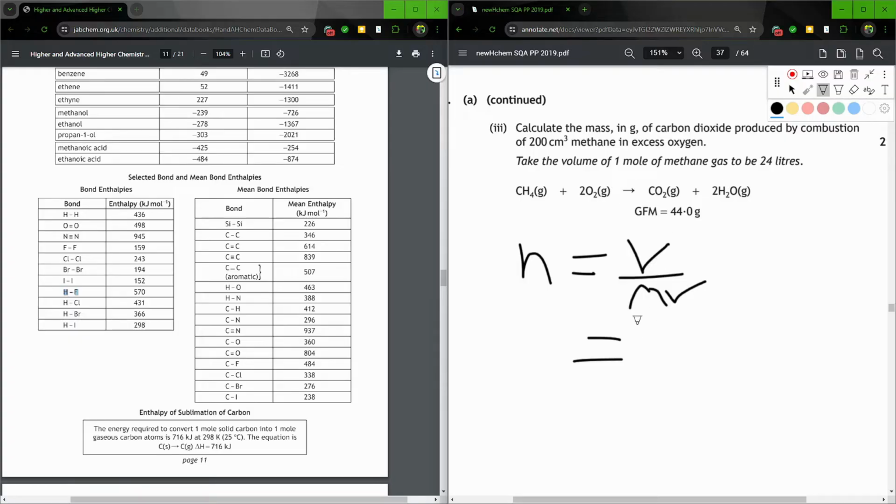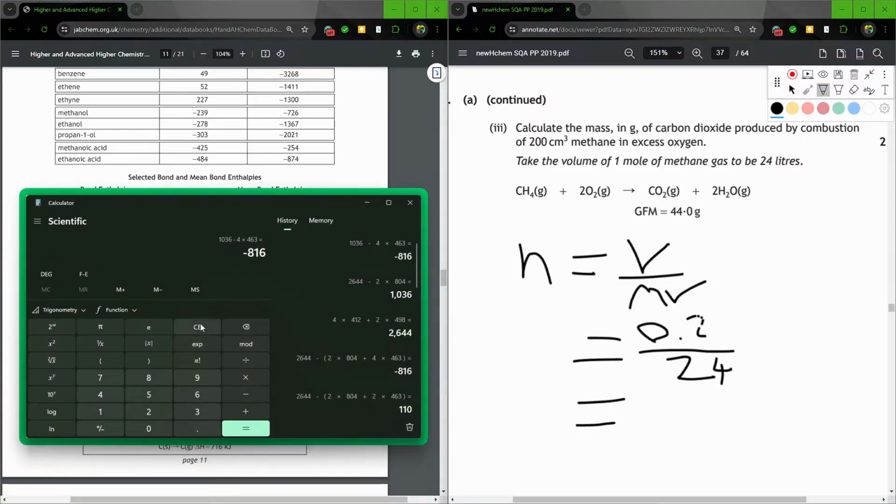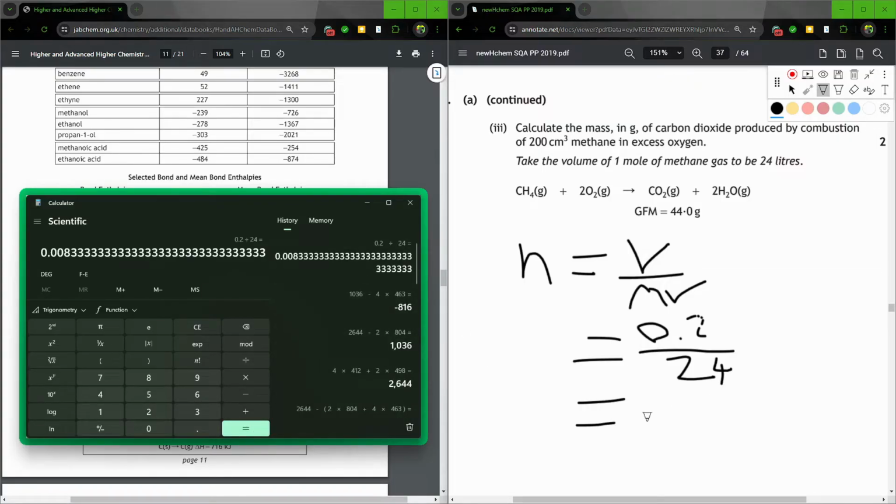So we know it's 200 cubic centimeters, and we always do this in litres, so it's going to be 0.2 over 24. Run that through our calculator, and that'd be 0.083.